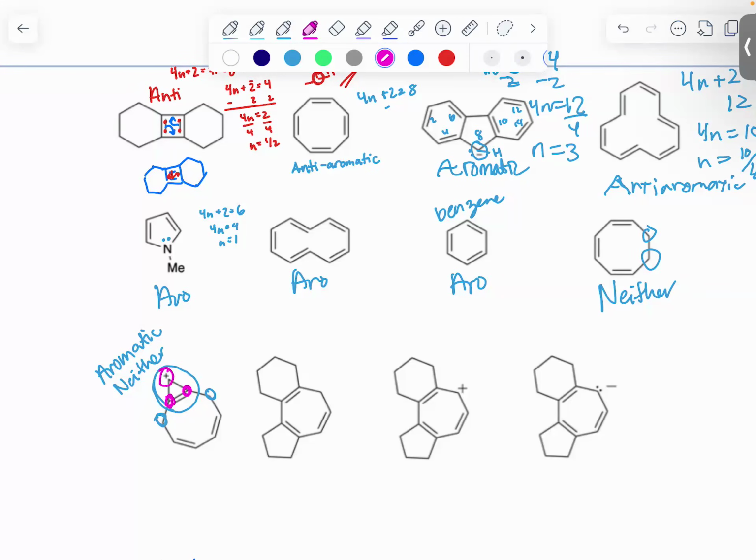And this cation has an empty orbital for pi electrons to move through, making it a conjugated system, because we could draw a resonance form like this, and so on around the rest of the ring. So this one is aromatic.